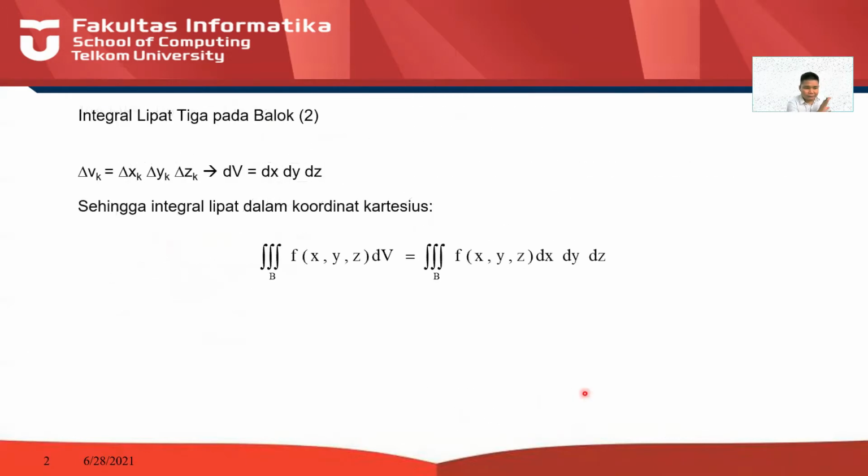This is some more explanation. What is delta V? Delta V stands for the volume of Bk, the smaller box, which is the length, the width, and the height multiplied together. So we have dV.